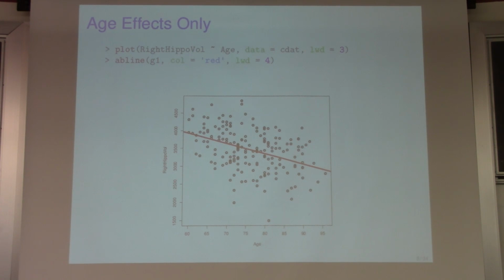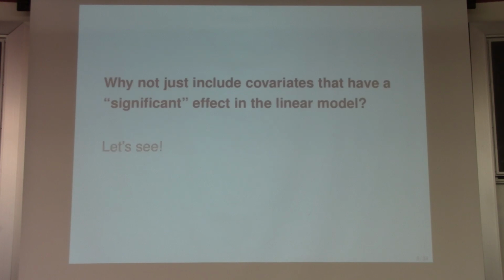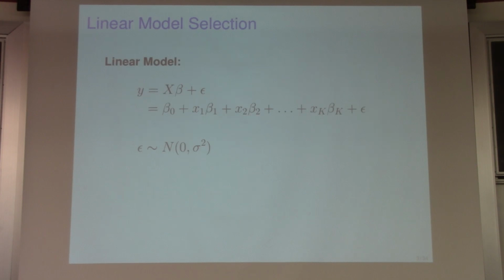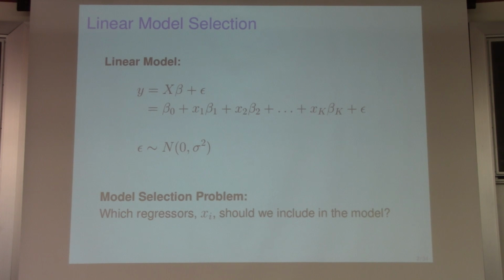So a point to note here, when I say regressors, you can also add higher orders, like you can add polynomials, right? So in this model, for instance, x2 could be x1 squared, x3 could be x1 cubed, and so on.